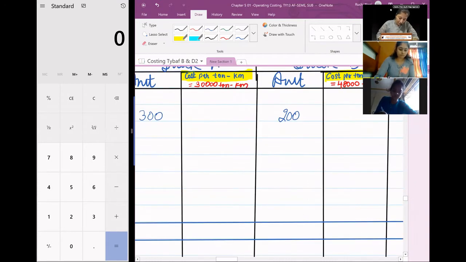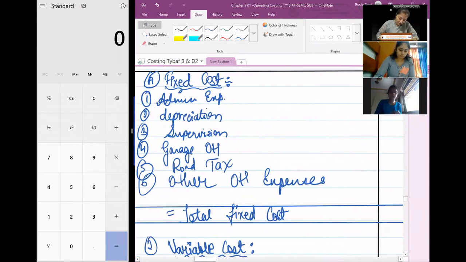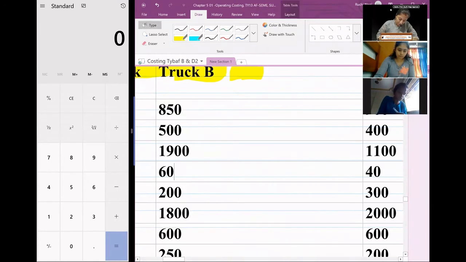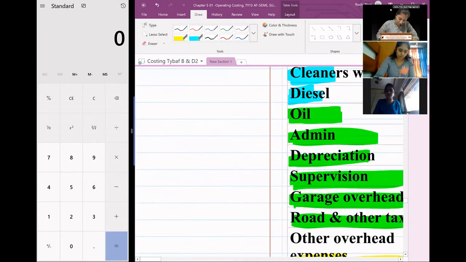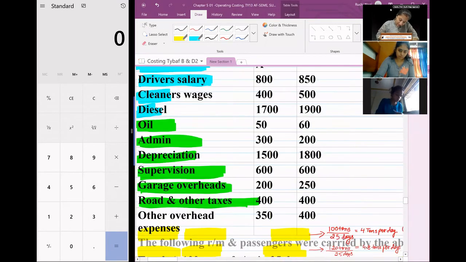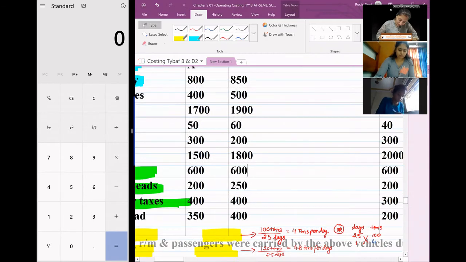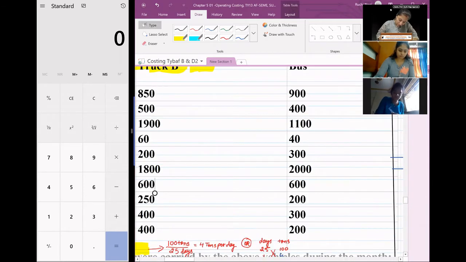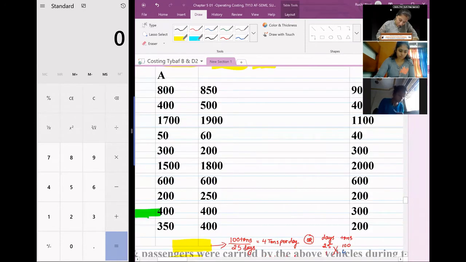Next, depreciation. Depreciation 1500, 1800, 2000.